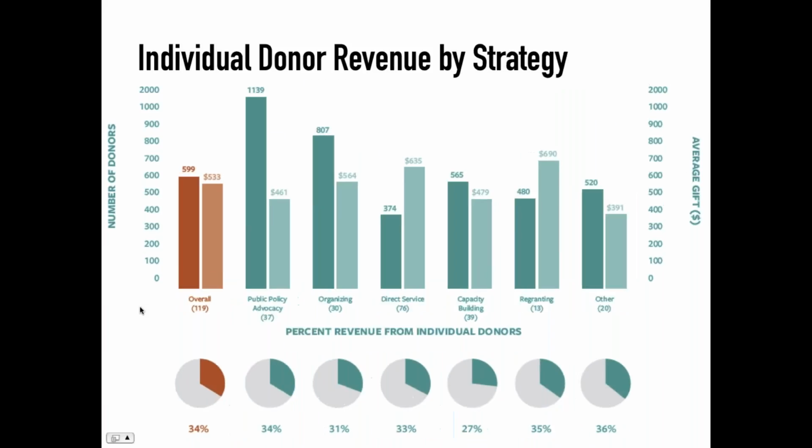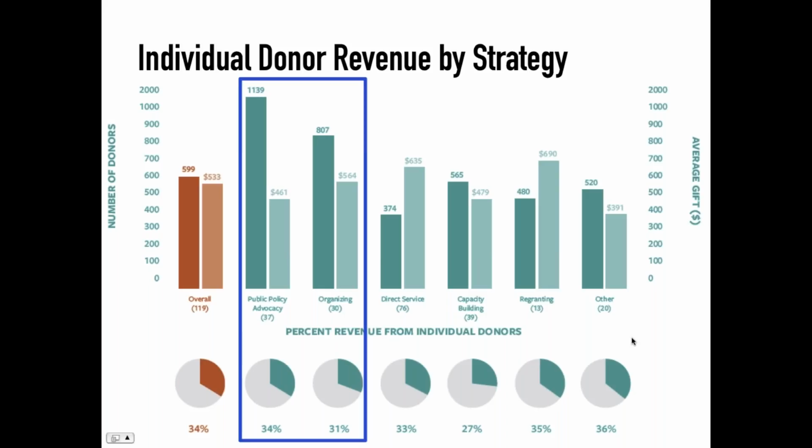You can also look at how this data breaks down by strategy. So what are the specific strategies that organizations are using in their programmatic work, and how does that impact their revenue? So again, same thing, number of donors on the left, average gift on the right, percent revenue at the bottom.